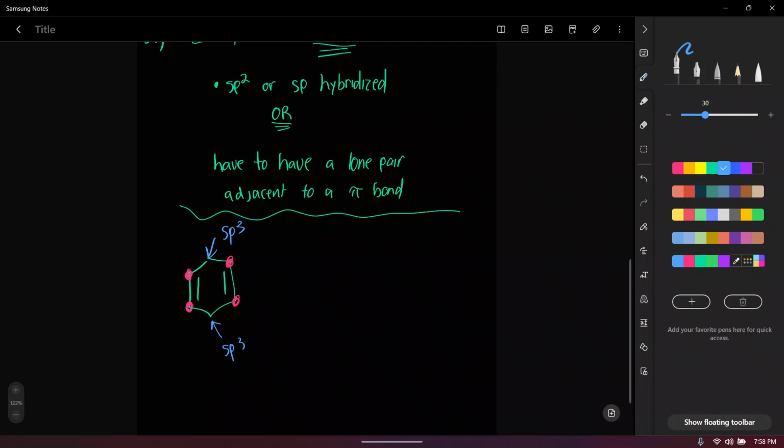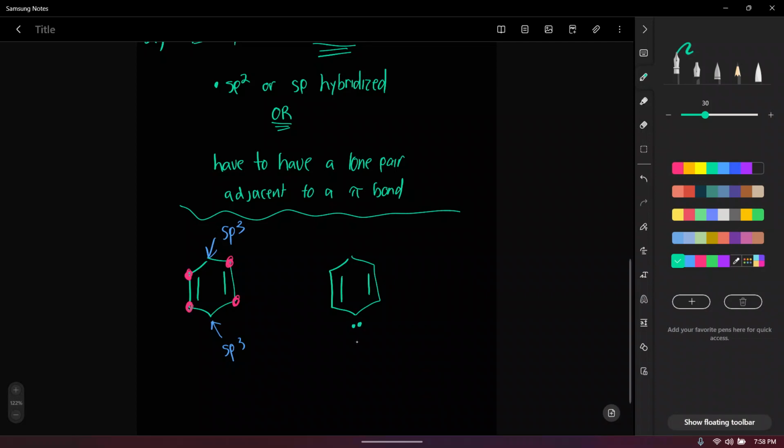If we wanted to make this aromatic, possibly without actually introducing any more double bonds, like I said, you can have a lone pair that's adjacent to a pi bond.